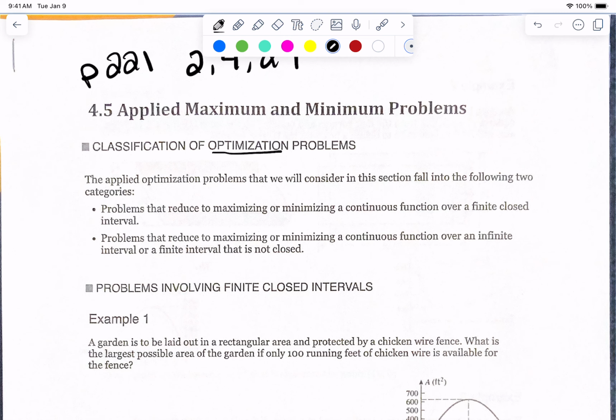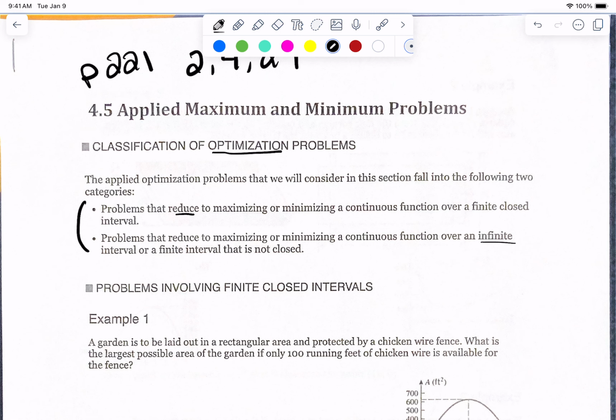Classifications of optimization problems: they have 2 little bullet points right here, which is about maximizing or minimizing a continuous function over a finite closed interval, or you might have an infinite interval. If I have an infinite amount of money, maybe there is no upper limit.